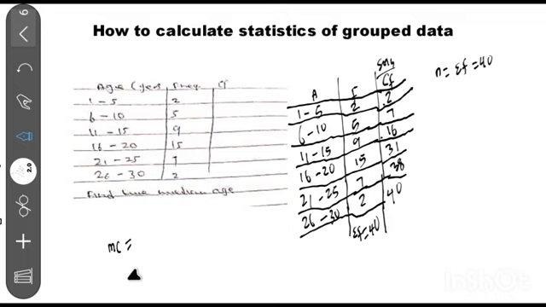The next step is to calculate the median class, used to determine the median of the data. The median class is found using the number of observations, n divided by 2, or the summation of f divided by 2. That's the formula to calculate the median class. Here, n is the number of all the observations, which is the same thing as the summation of f.